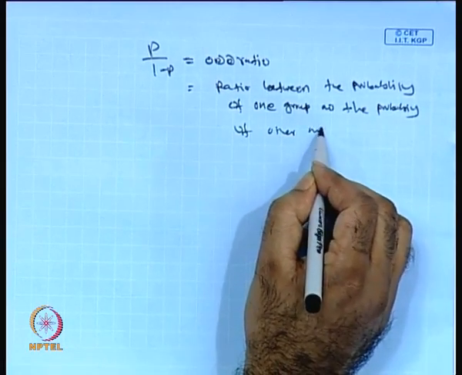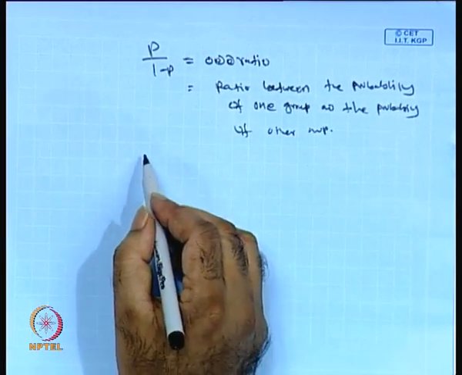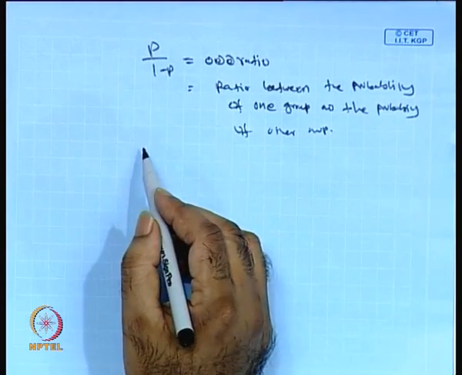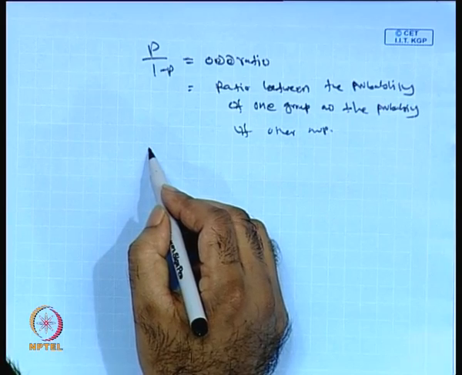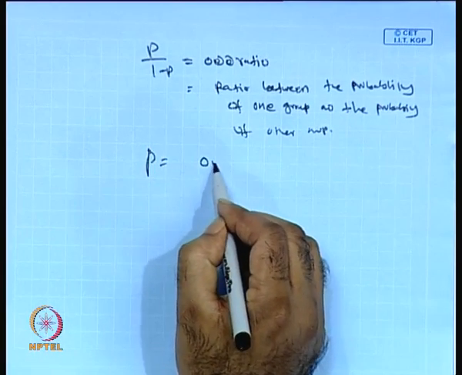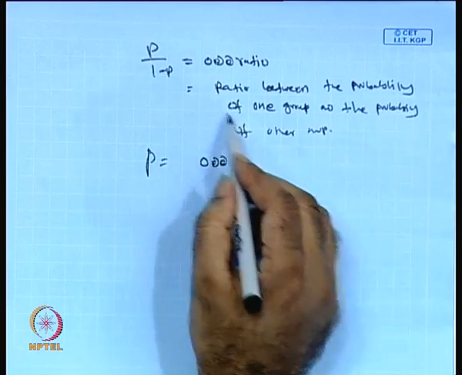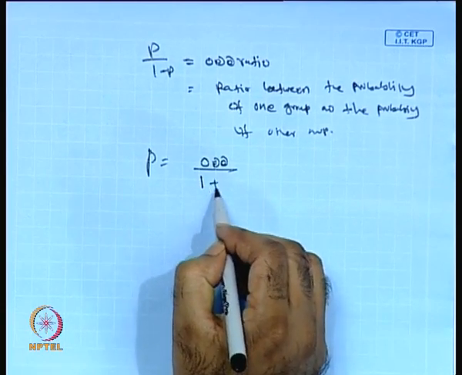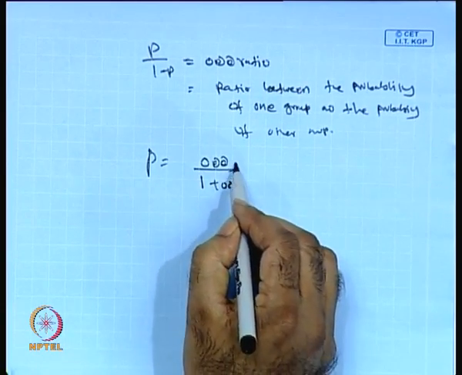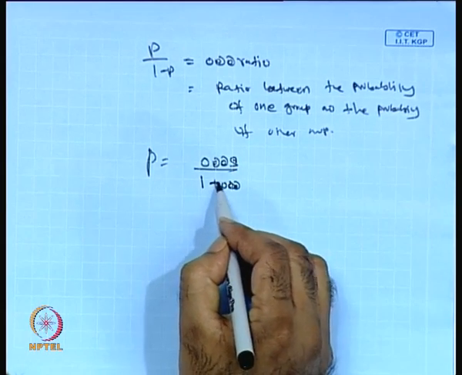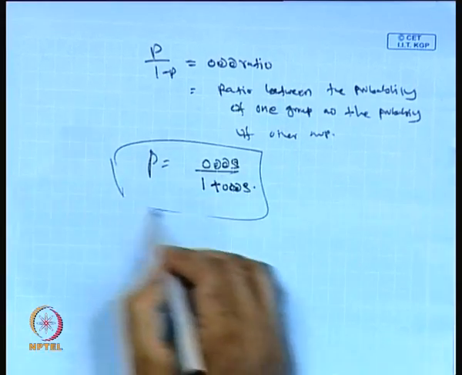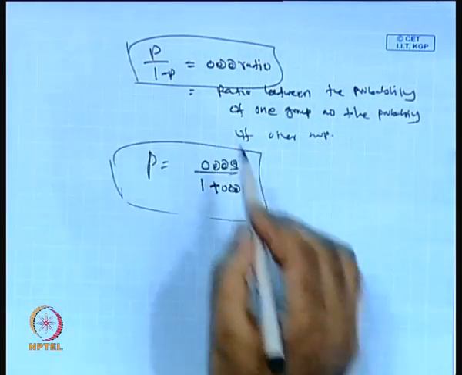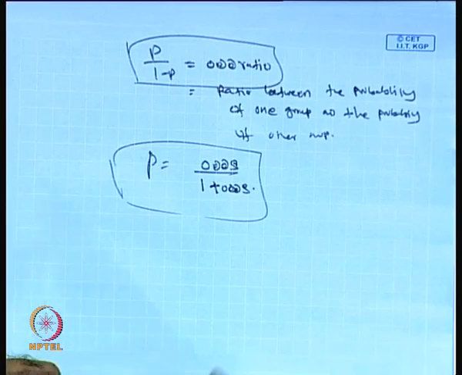It can also be the other way around. If P by 1 minus P is the odds, then P equals odds divided by 1 plus odds, which is 1 by 1 plus 1 by odds. So this is how it can be calculated. Our target is to find out the odds ratio.